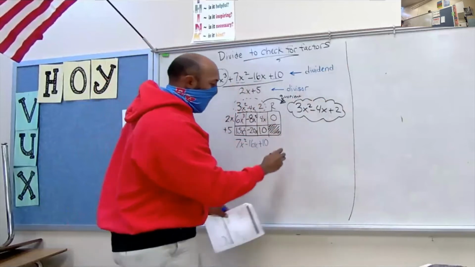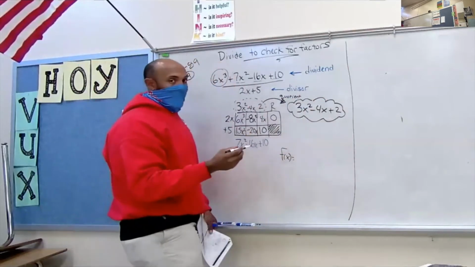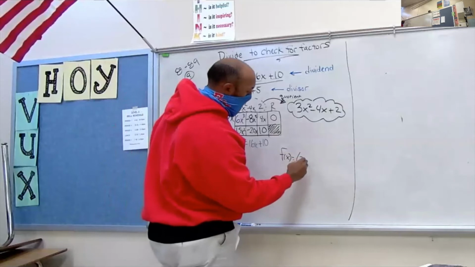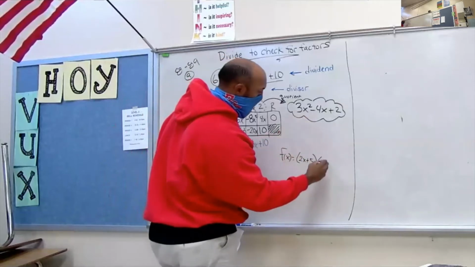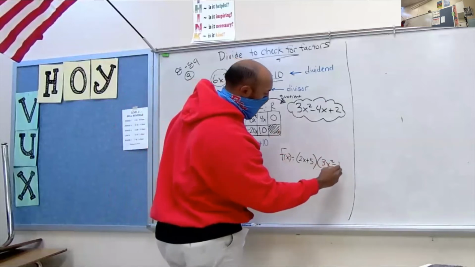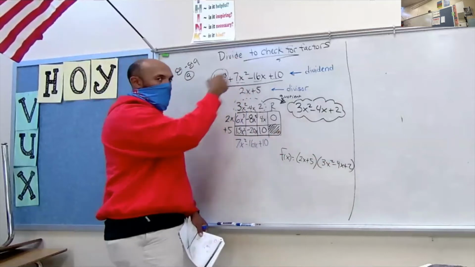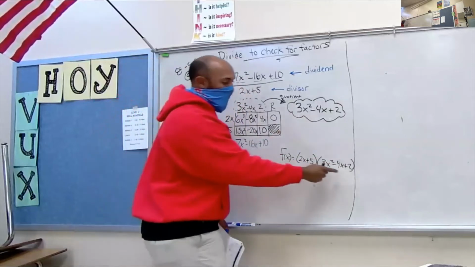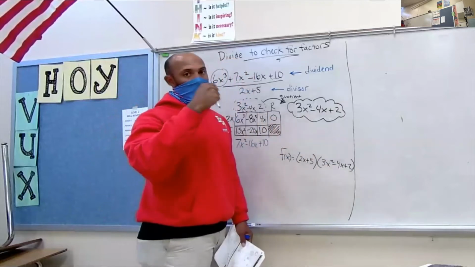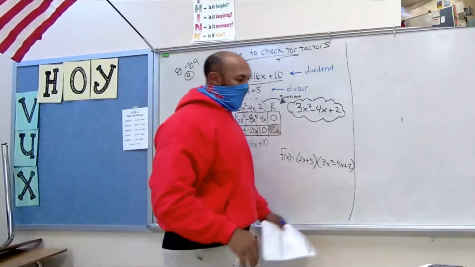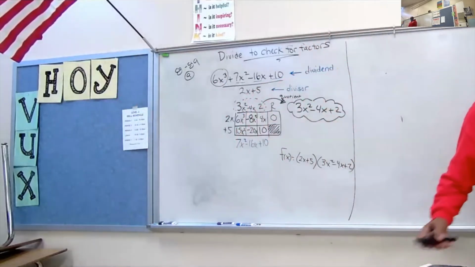The other way I could write this is to say that 2x plus 5, if I multiply it times that, should give me that same polynomial. And then I could factor that part a little bit further and find the rest of the factors, but we're not doing that here. We're just dividing that first part.